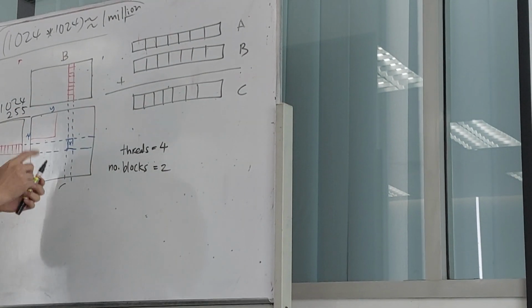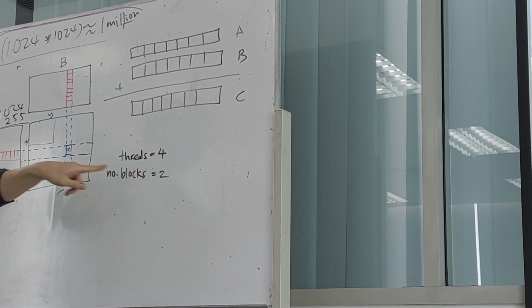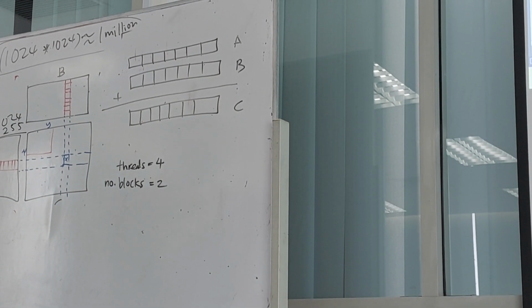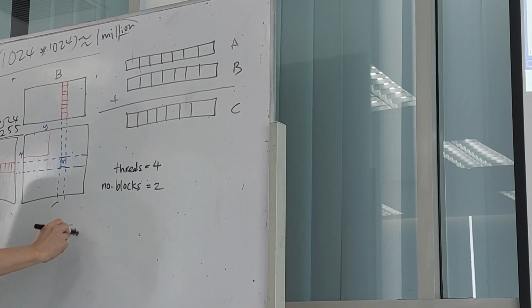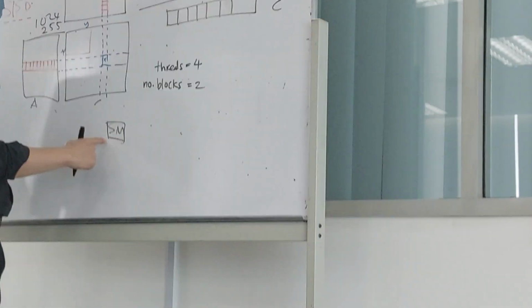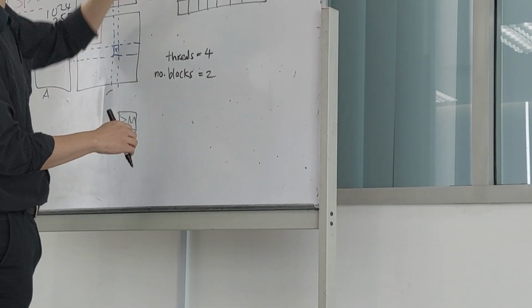Okay? So let's see how it is assigned. Whenever you create this kind of thread, the GPU will assign the streaming processor, which you will call SM, the streaming multiprocessor, to this thread so that it executes.